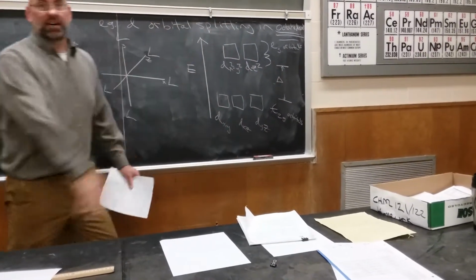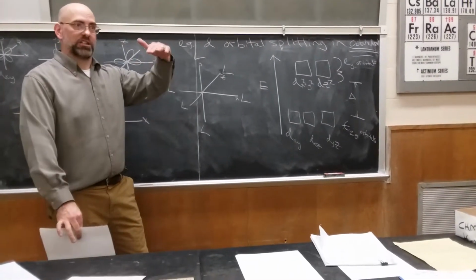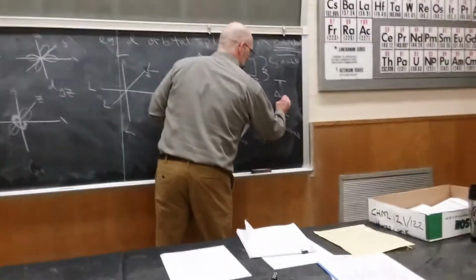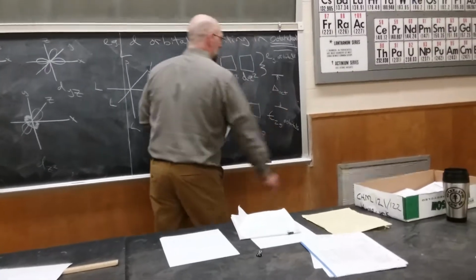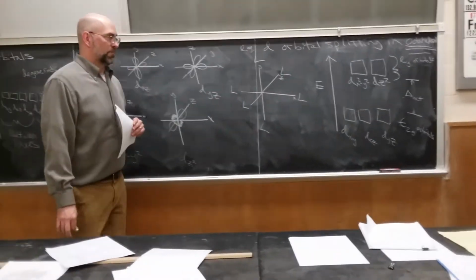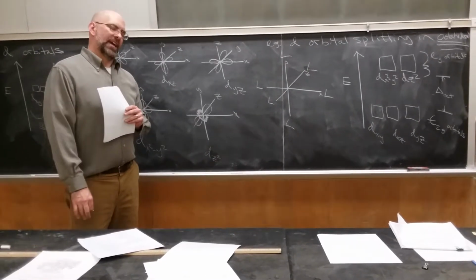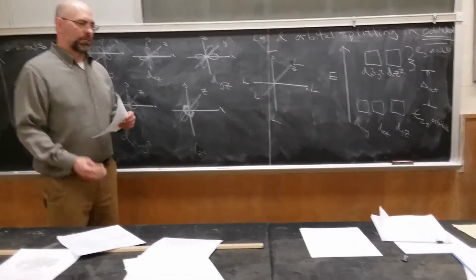And we use the symbol delta all the time to indicate a change, a difference between this energy level and this energy level. In this case, this is the difference in energy for an octahedral complex. Okay. Now I think I'm going to probably stop there, because there's some additional information.